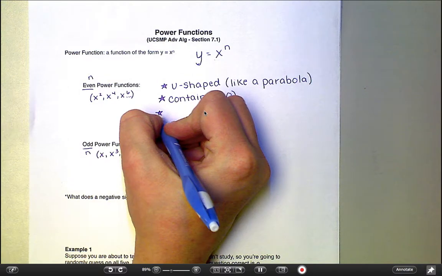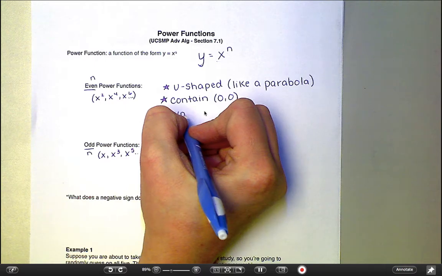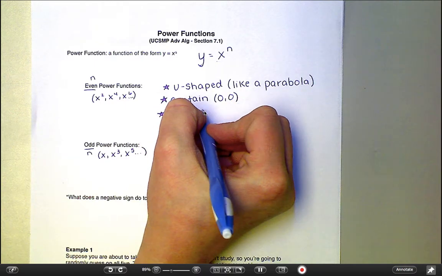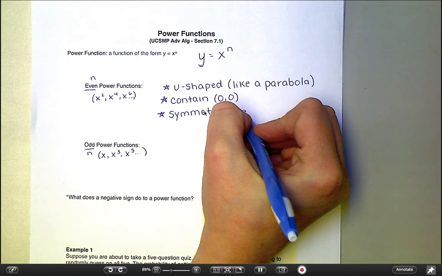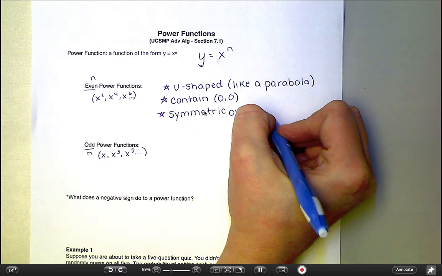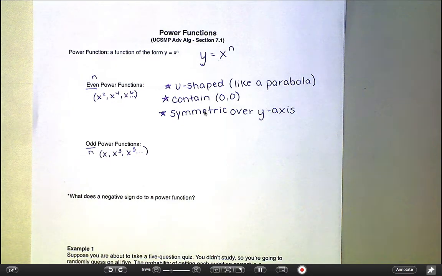Okay? And always symmetric over the y-axis. And that comes from the fact that when you square a negative number, it comes out to be the same as if you had squared the positive number.